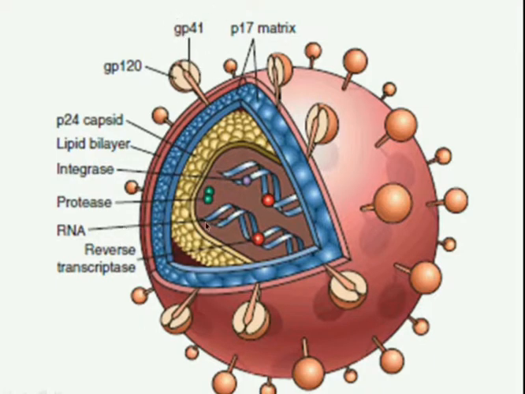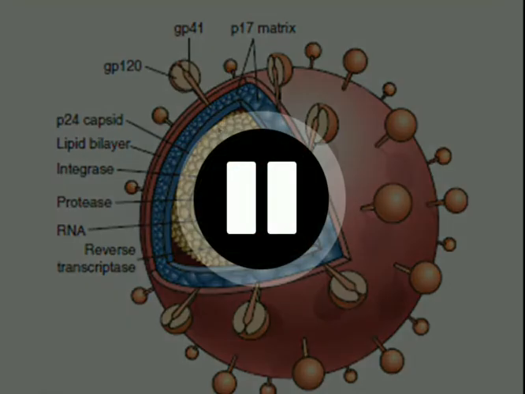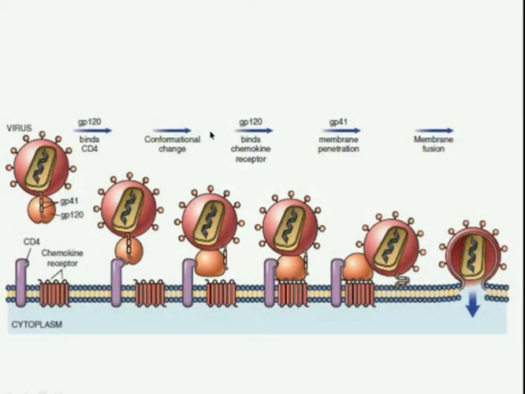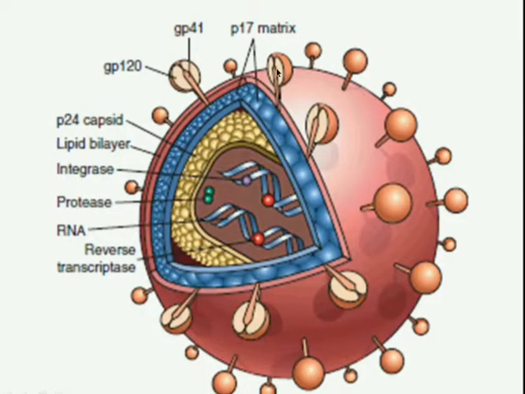So the Pol gene codes for integrase, protease, reverse transcriptase, etc., which converts RNA to DNA. Then the nucleocapsid protein P7 and P9, capsid protein P24, which is most commonly used, and P17 matrix protein are all coded by the GAG gene.